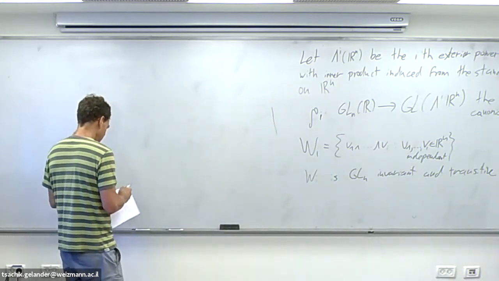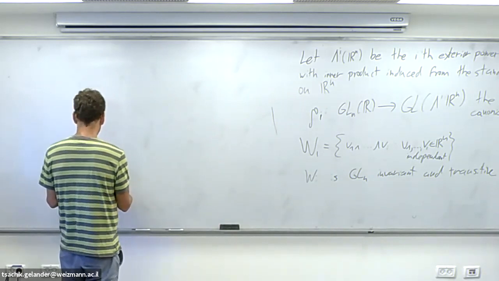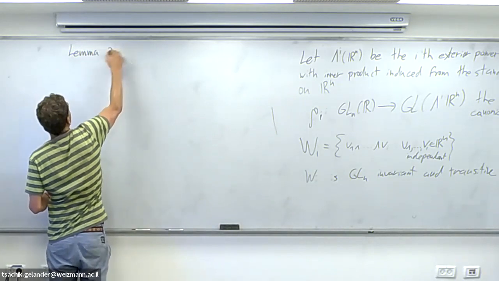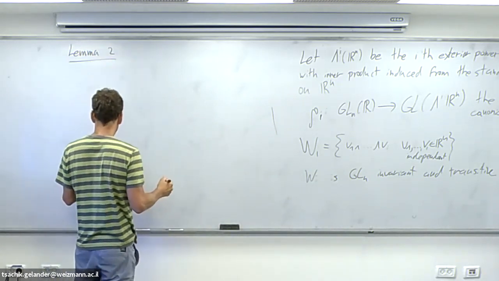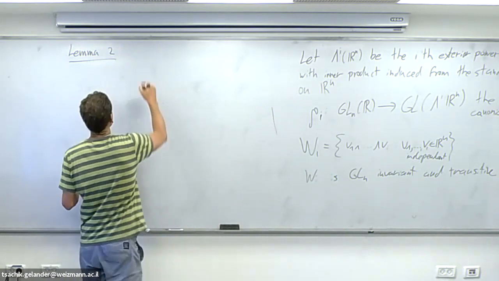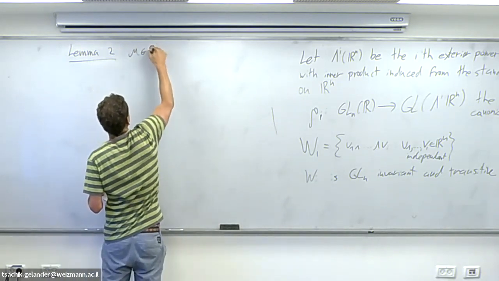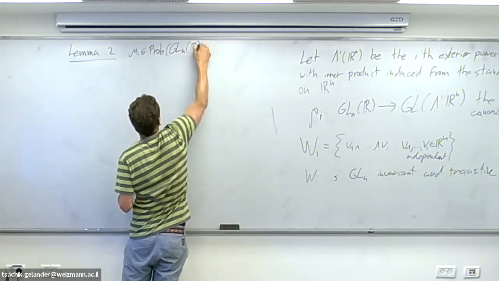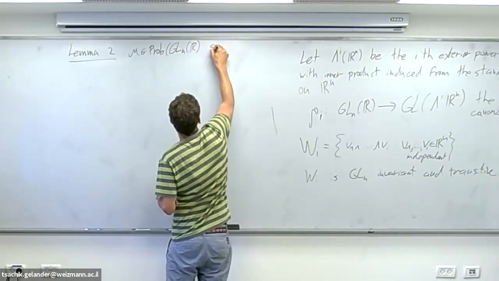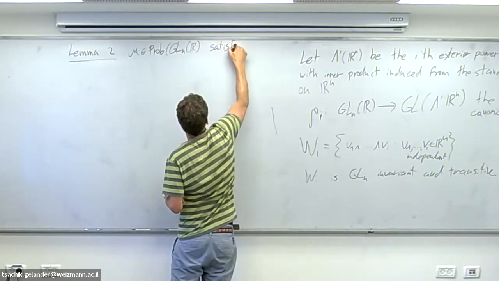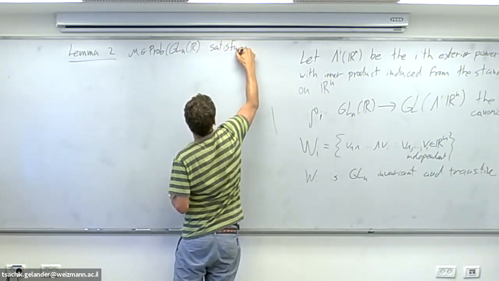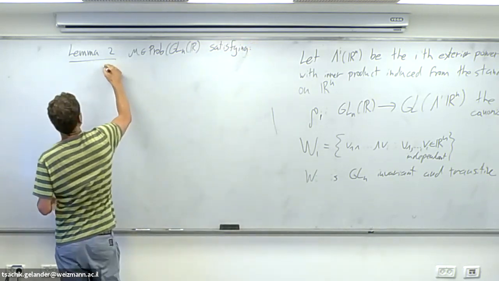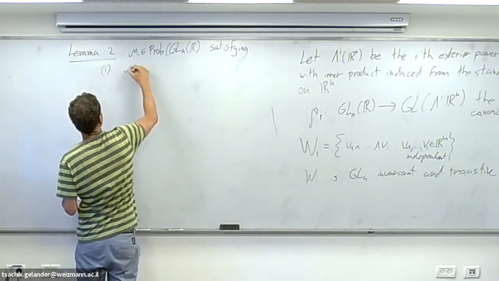We will use it in the proof of the next lemma, and then you will see. Lemma 2. Suppose that mu is a probability measure on GL_n(R) satisfying the following three conditions. One, mu is symmetric.